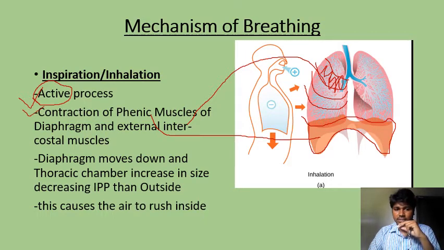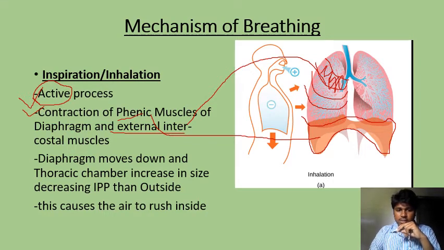The next change that we see is the contraction of phrenic muscles and the external intercostal muscles. These two muscles get contracted so that the chest cavity gets expanded. Since it got expanded, the air which is outside rushes inside, so that inhalation happens.